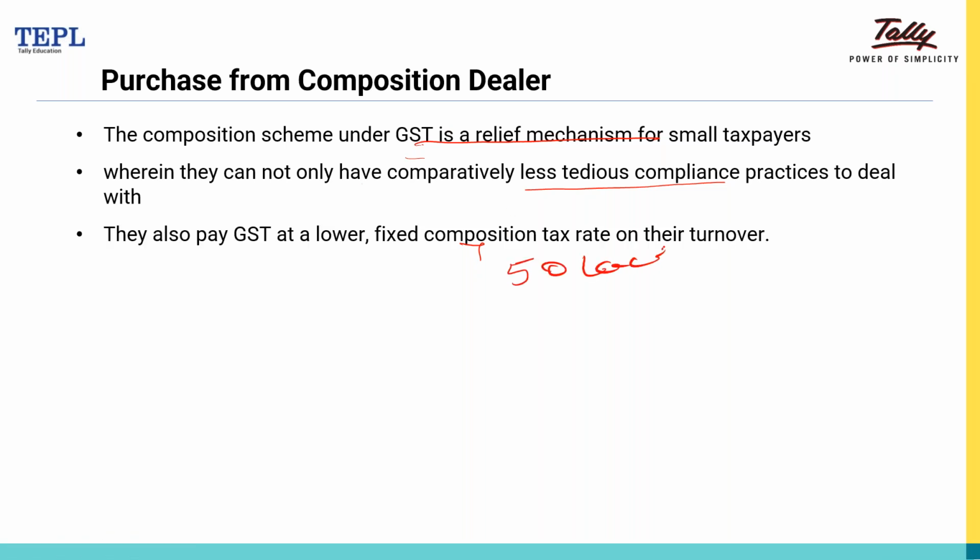So you're just 10 lakhs above the limit for registration under GST. Now if your turnover is like 50 lakhs or 60 lakhs, then the GST department gives you the special privilege that you can opt for the composition scheme, because in the composition scheme you need to file only 2 returns.